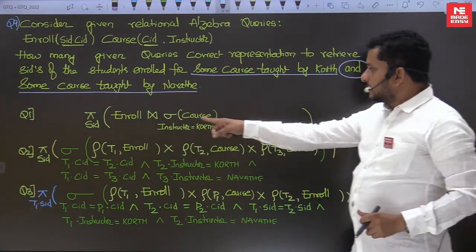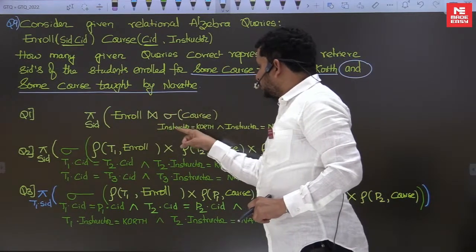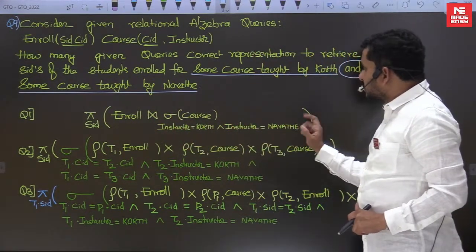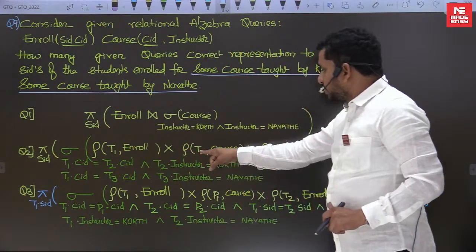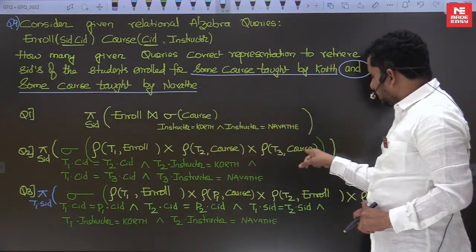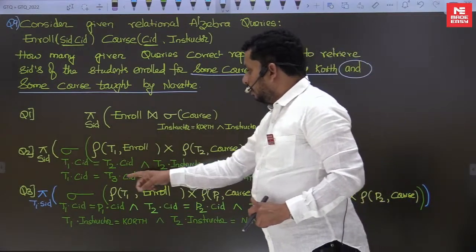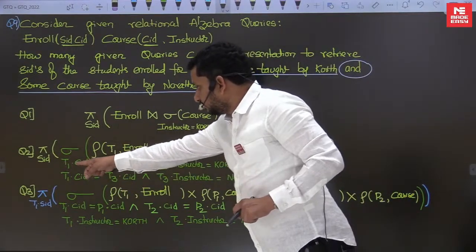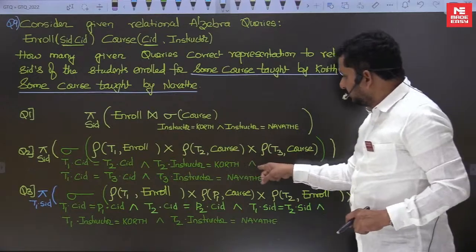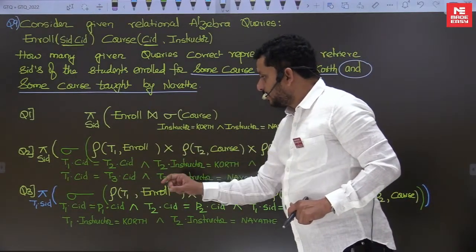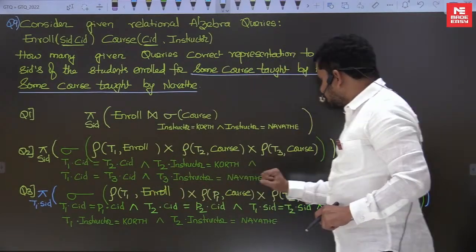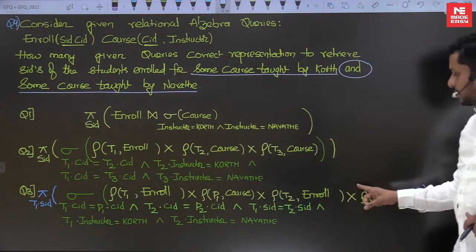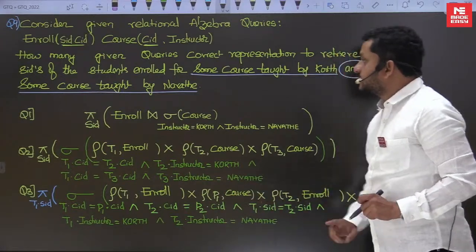So enroll natural join with course, instructor equal to Korth and instructor equal to Navate. T1 renames to enroll, T2 renames to course, T3 renames to other course, and this conditional join is applied. Then T1, P1 enroll and course, T2 and P2 enroll and course, and these conditional joins apply.